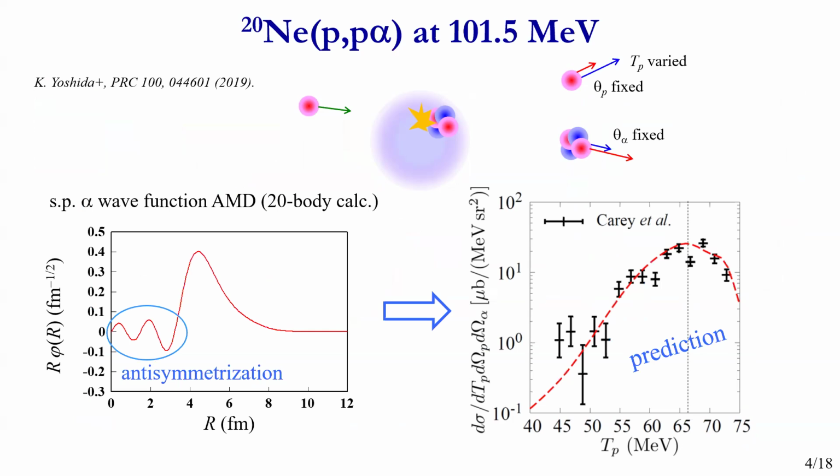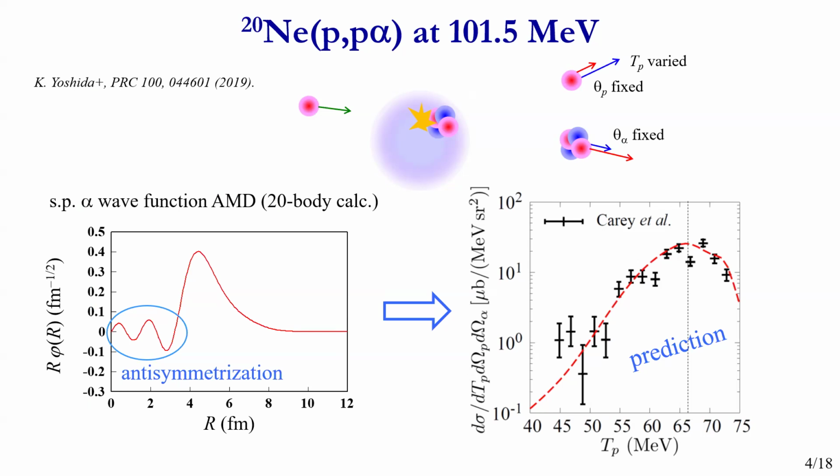Okay, let me continue. For the description of (p,pα) by theory, it is not difficult at all, I would say. This is very, very similar to (p,2p) because alpha is a very tightly bound nucleus, right? So we can safely treat it as just a point particle.